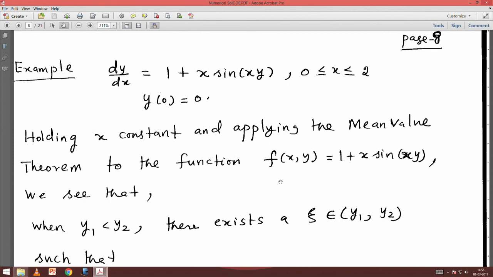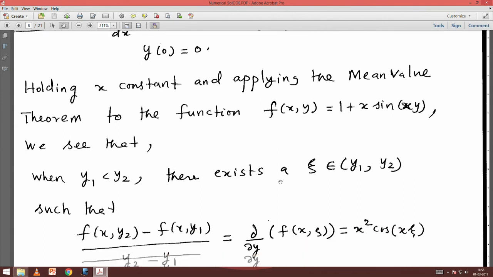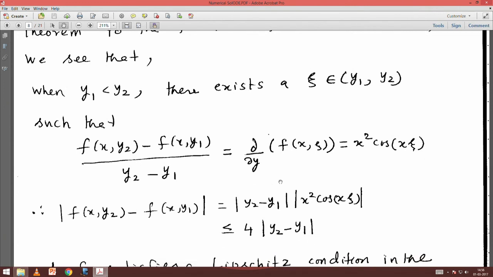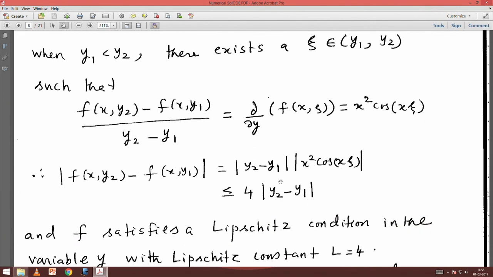Suppose I hold x constant and apply the mean value theorem to this function f of x comma y, then we see that whenever y1 is less than y2, we can find a psi belonging to the interval y1 to y2 such that (f(x, y1) minus f(x, y2)) by (y2 minus y1) is the partial derivative of f with respect to y evaluated at (x, psi), where psi lies between y1 and y2.